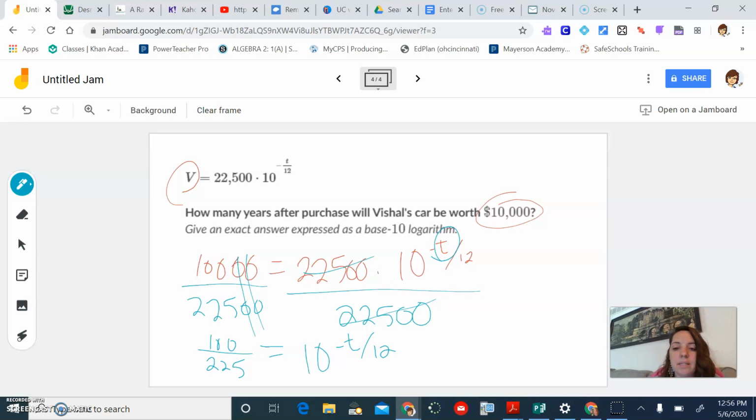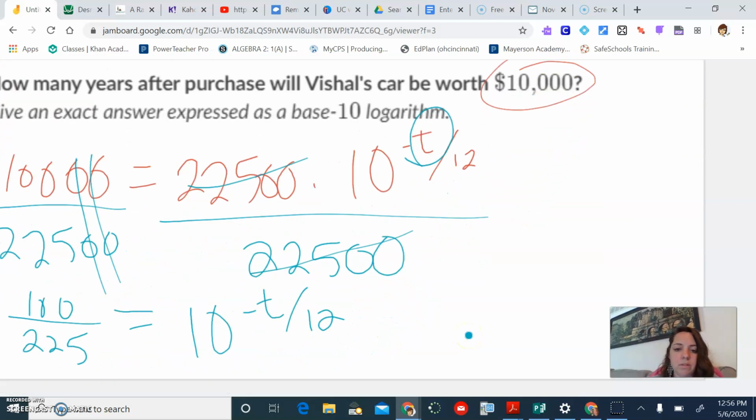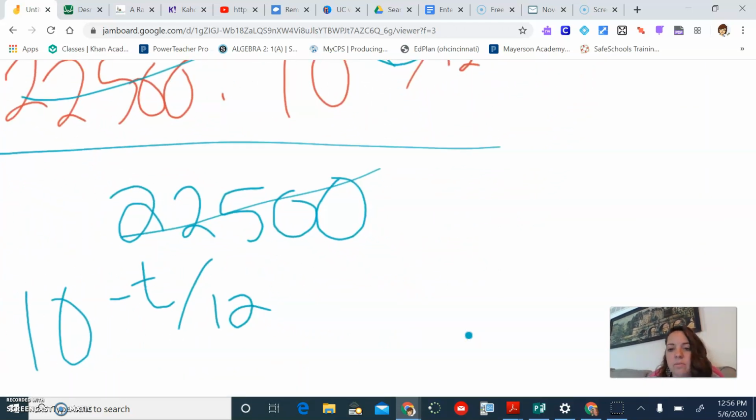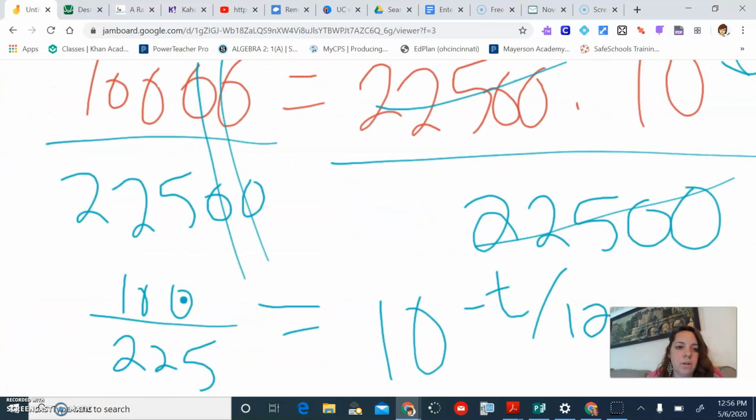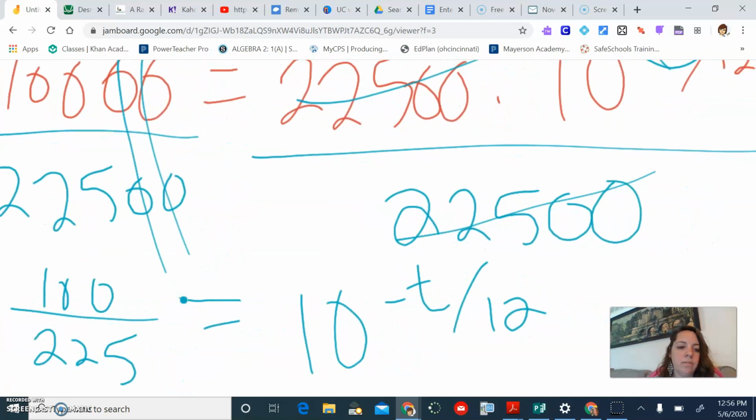Okay, so now to get the t out of the exponent, we are going to rewrite it as a log. And I'm going to try and zoom in so I have a little more space to write. So I have log base 10, which means I don't technically have to write that, of whatever 10,000 divided by 22,500 is.